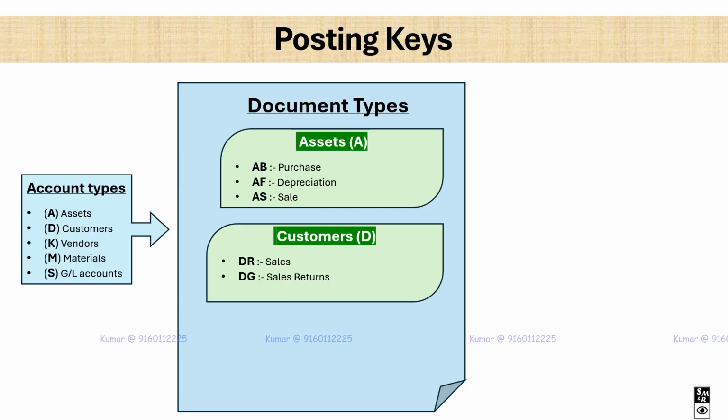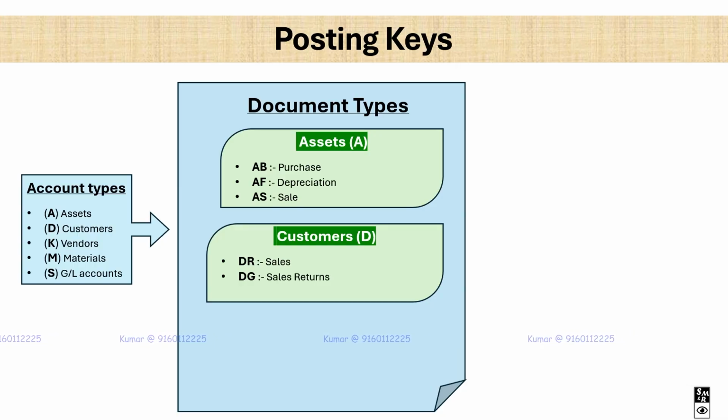And next is sales returns. So sales returns, we are going to use the document type DG. Same customer. Yesterday he purchased goods from us. We sold goods to the customer yesterday. Today he came back and gave us the goods back. Customer is same, but the transaction which he is doing with us is different.